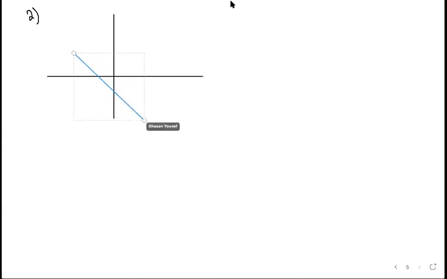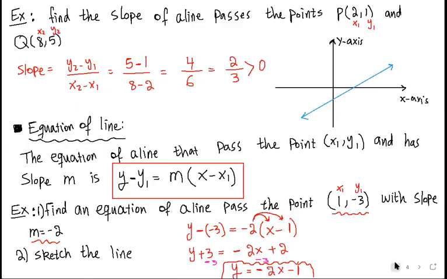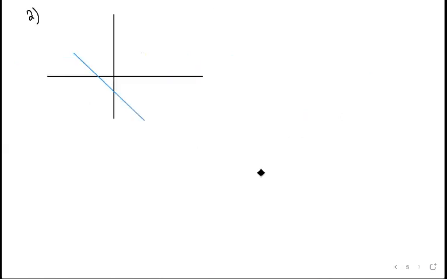This is the y-intercept. For the second one, you plug in y equals 0.